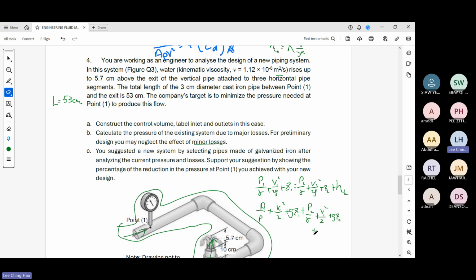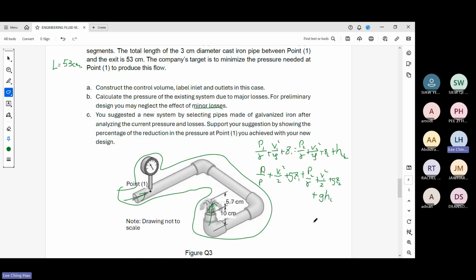If you want to consider HL, then you have to add gHL, not only HL. So it depends on which one you want to use. All three can be used for head loss, but because they are different, when you add the head loss you might need some modifications. This is how you do it.